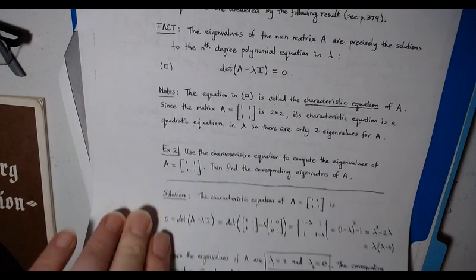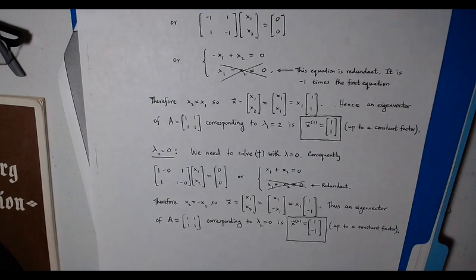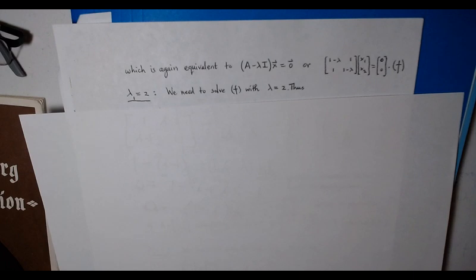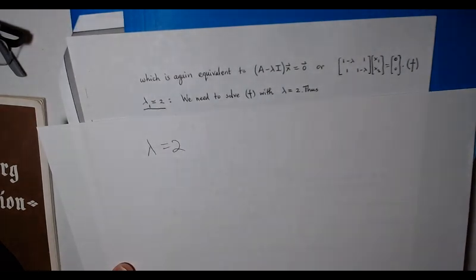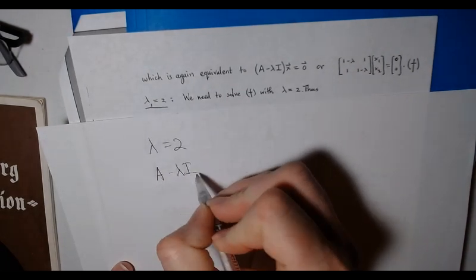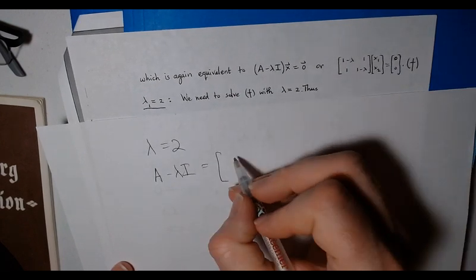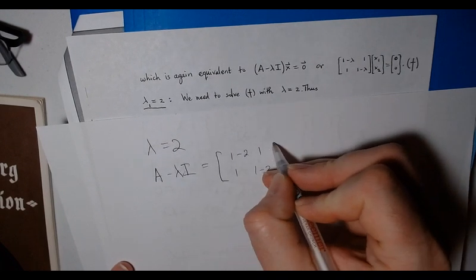So then how do we get our eigenvectors? Starting with lambda equals 2, to get the eigenvector, we take A minus lambda I, and we write that, so that's going to be 1 minus 2, 1, and 1, 1 minus 2.